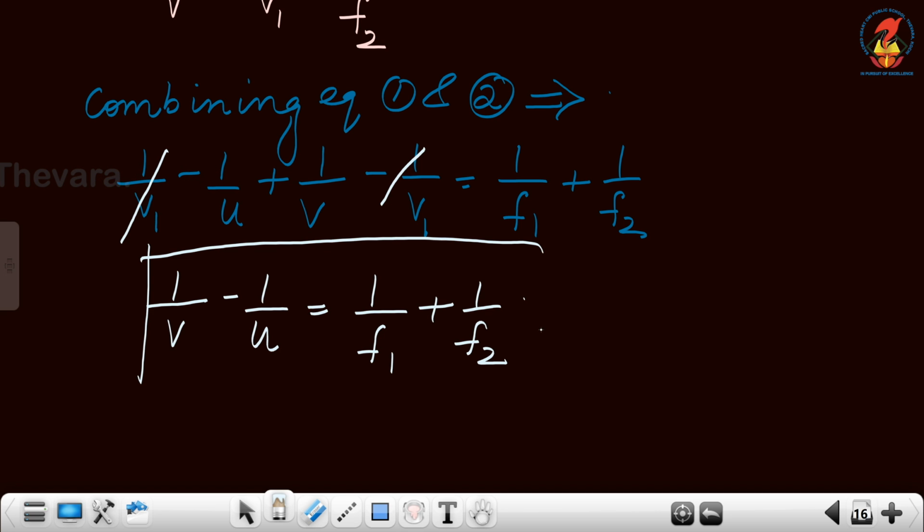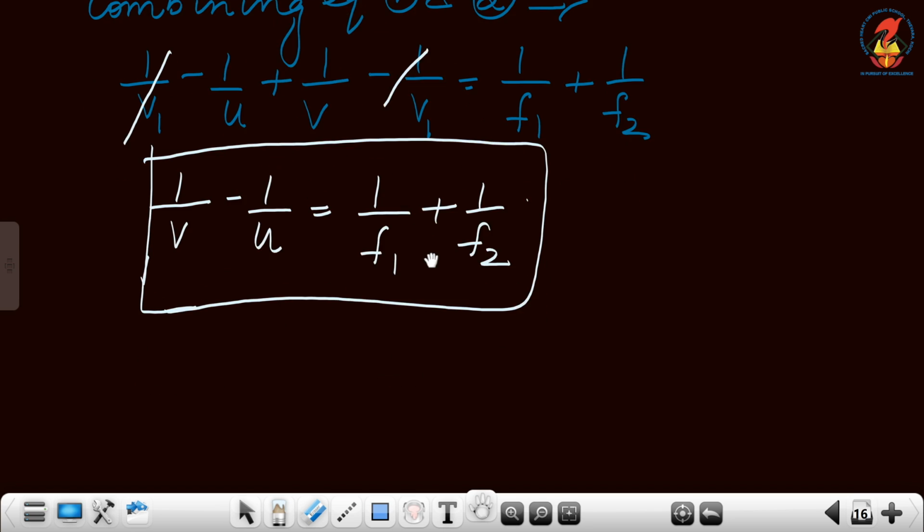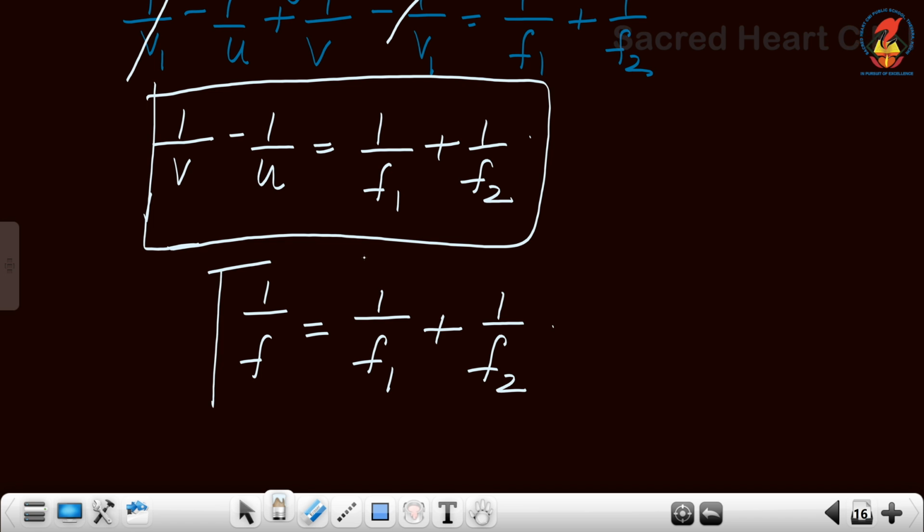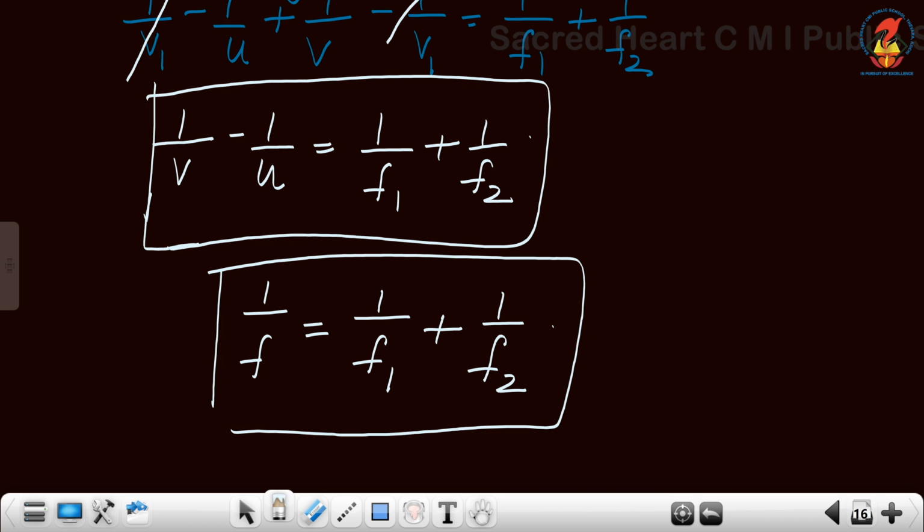Now what is 1 by V minus 1 by U? It is the focal length of the given lens, isn't it? So we can write at the end 1 by F is equal to 1 by F1 plus 1 by F2. This is the effective focal length for two lenses if they are combined.